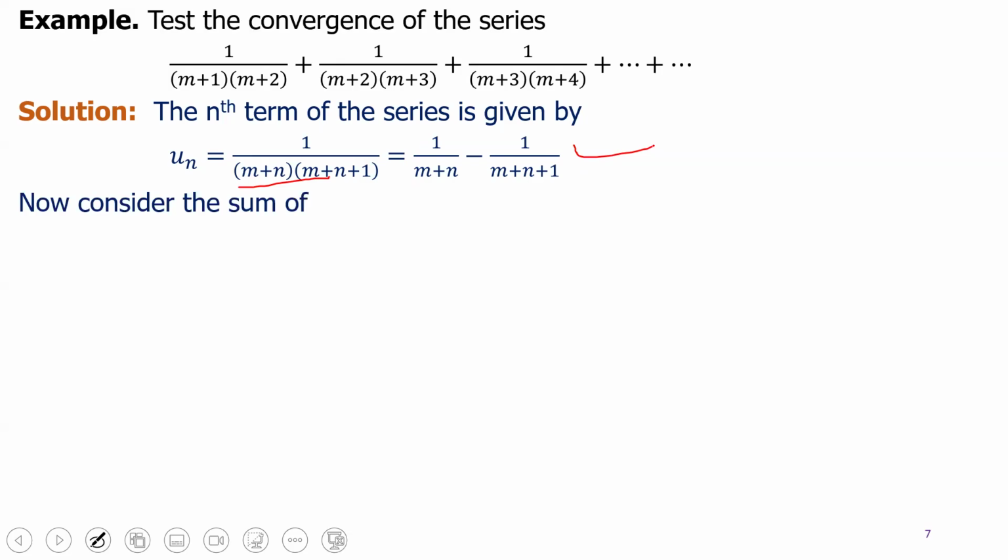Now consider the sum of the first n terms. Sn is equal to u1 plus u2 plus u3 up to un.